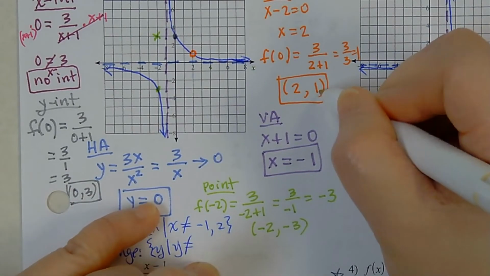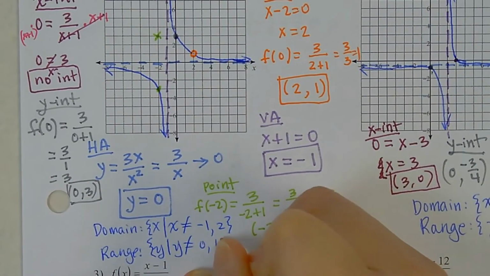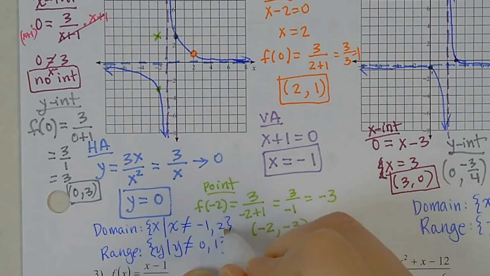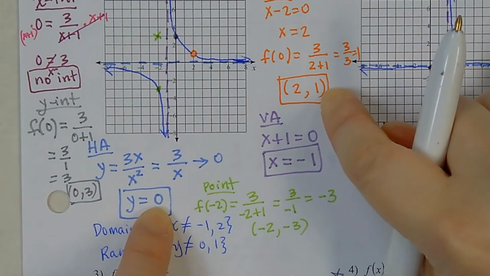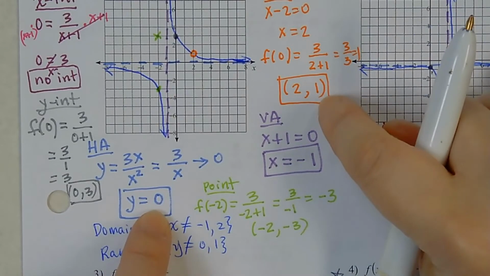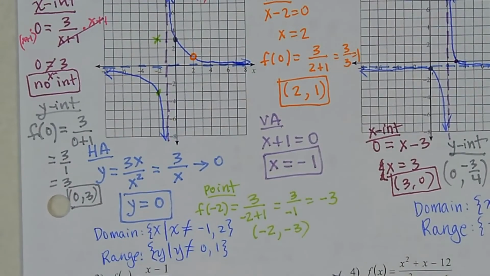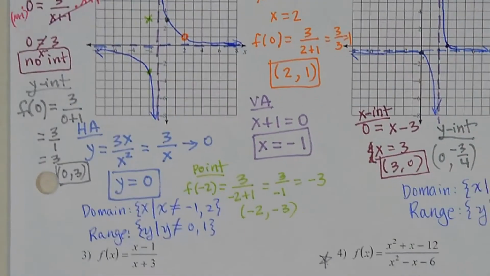So 0 and 1. Right, if you wrote down 2, negative 1, that's fine. As long as you have both of those two numbers there, that's fine. All right, and so we got the horizontal asymptote and the y-coordinate of the hole, I should say, sorry. All right, so there's the domain and range.